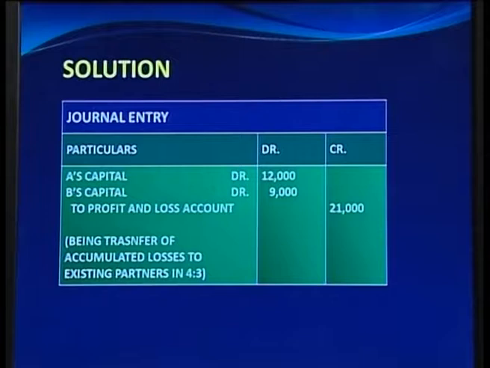Second entry is in relation to the distribution of the loss. Here A's capital debit 12,000 and B's capital debit 9,000, to profit and loss account 21,000 is the entry which we need to pass, and 21,000 is being divided in the ratio of 4:3. So, A and B's shares are arrived at as 12,000 and 9,000.